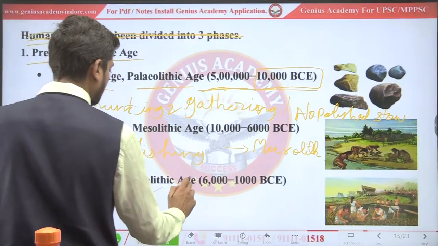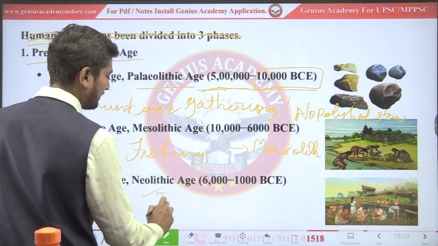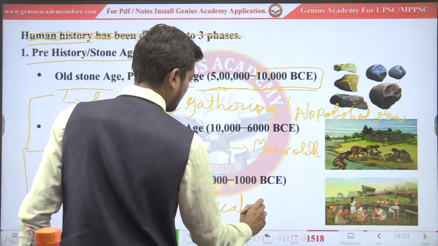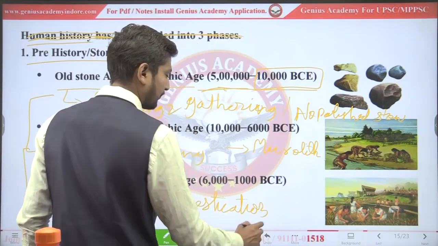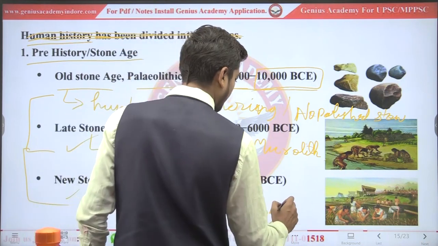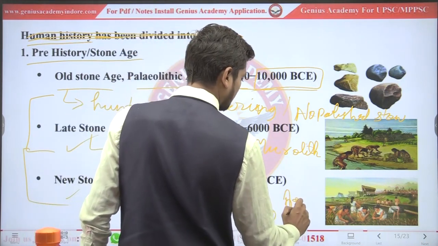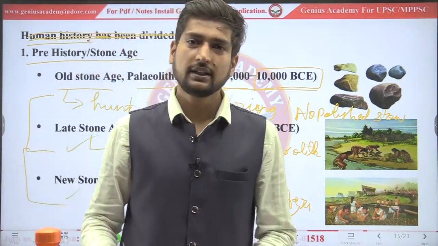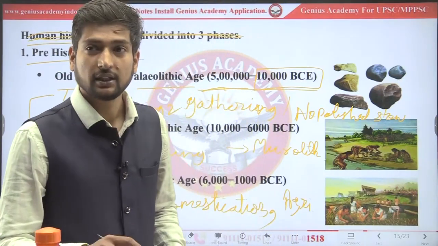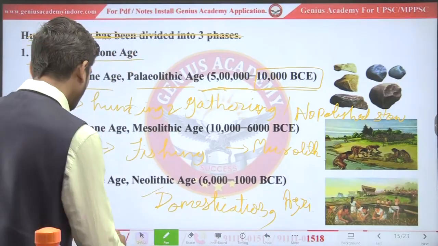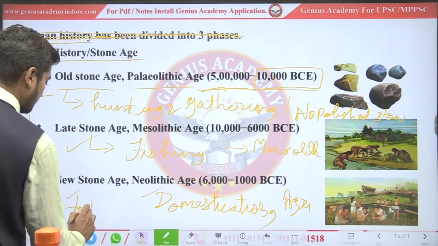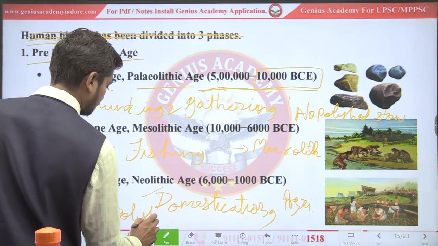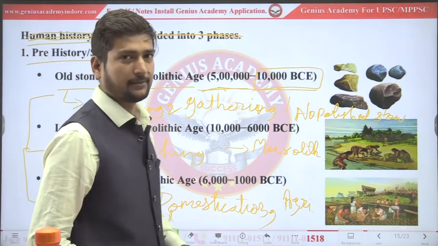And the new stone age, that is Neolithic, brought domestication of animals, that is sheep and cow, and also agriculture. These are the two important things. And one more thing: tools are polished. Polished tools are used at this period of time.